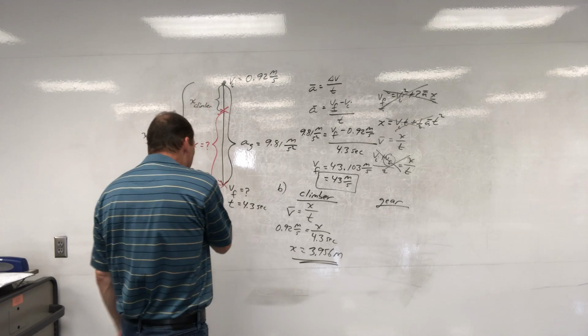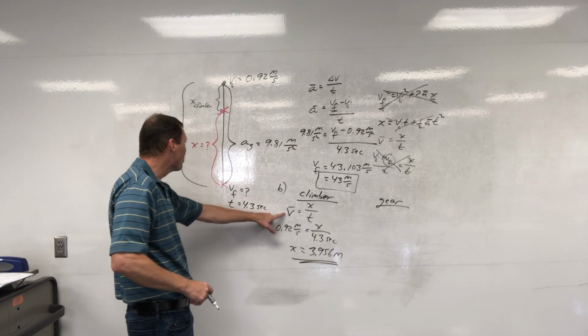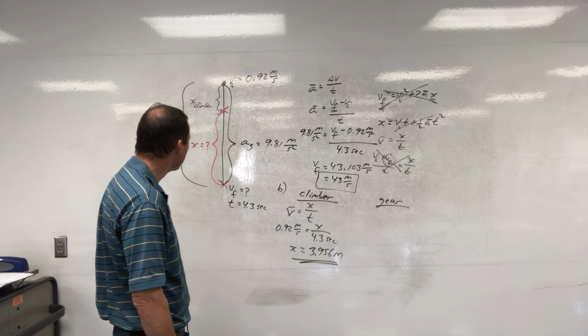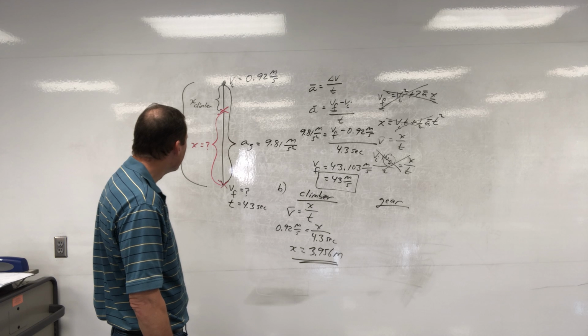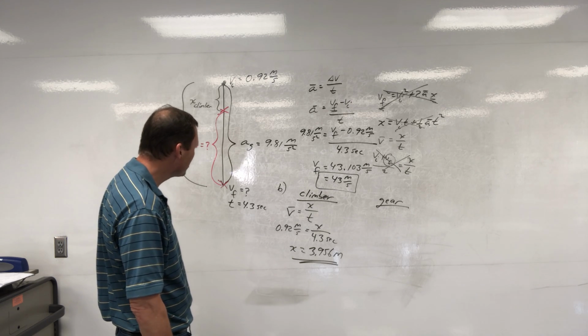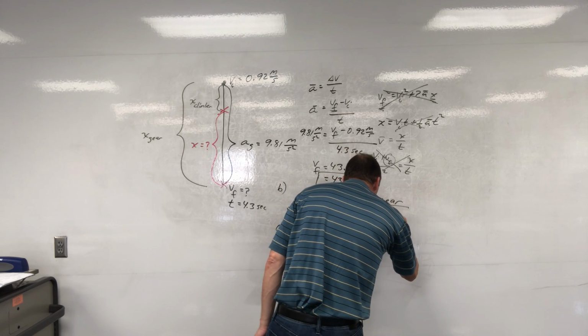Now let's go ahead and deal with the gear. I can't use the same equation with the gear because it's not really moving at an average velocity. Actually, I probably could use it. Let's see. Average velocity equals displacement over time.